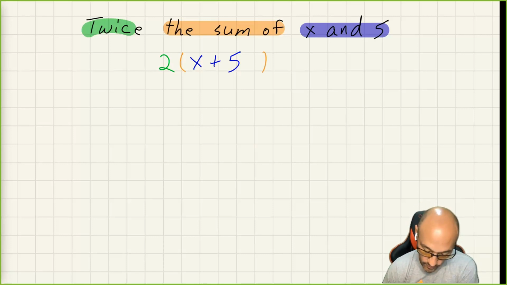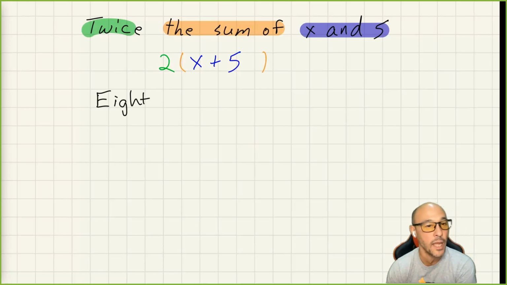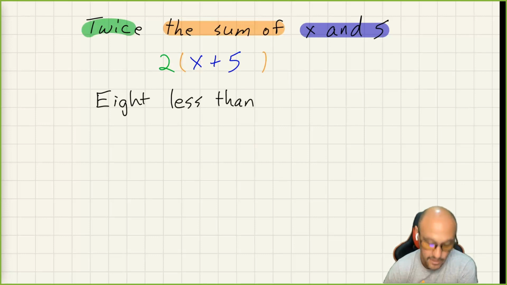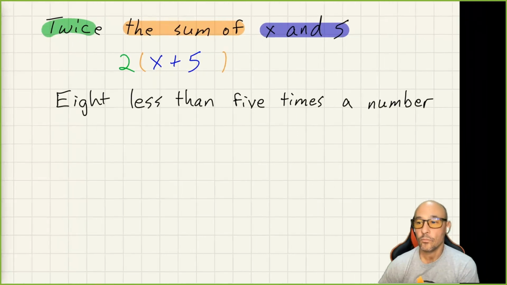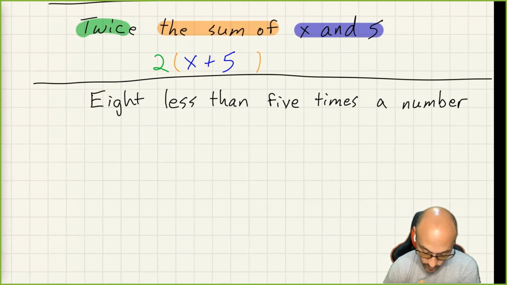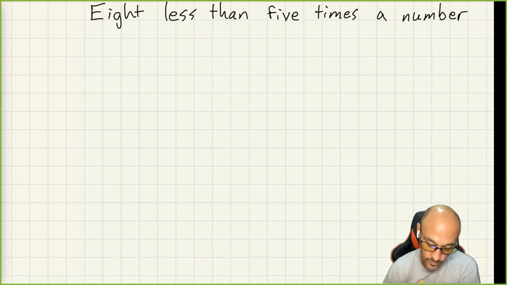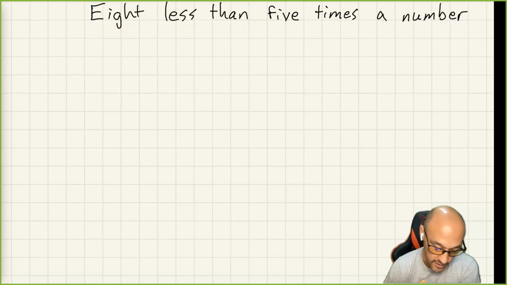The next one is 8 less than 5 times a number. Notice that sometimes I write the number, sometimes I write the word, and that's okay. With that one, 8 less than tells us that we're using subtraction.